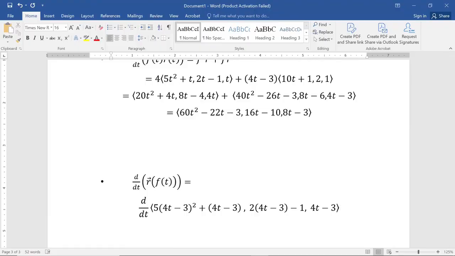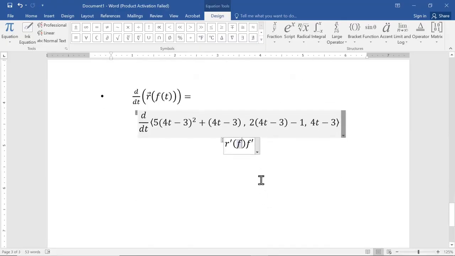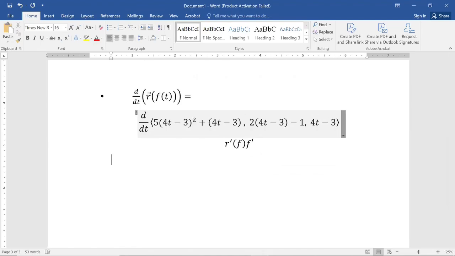So instead of working through and doing polynomial multiplication and simplification, what we're going to do is take R prime, plug in f of t, and then multiply by f prime of t, multiply by the derivative. In other words, a lot of people will just say R prime of f multiplied by f prime. So that's the way we're going to do it.